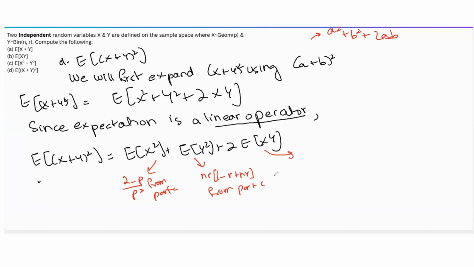Because expectation is a linear operator, expectation can always go inside summation regardless of whether you have independence or not. But the expectation of a product is the product of expectations only if independence holds. We discussed this in the earlier part. So from part B, we found the expected value of xy, so this part only and not the 2, to be nr by p.